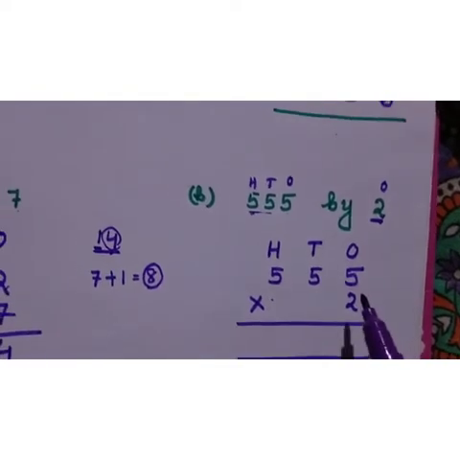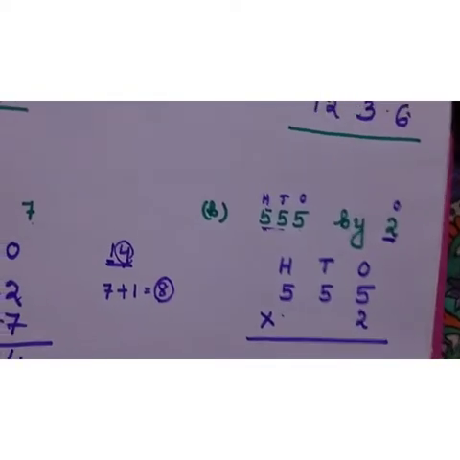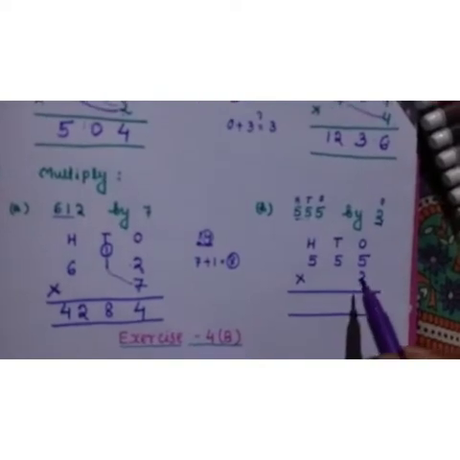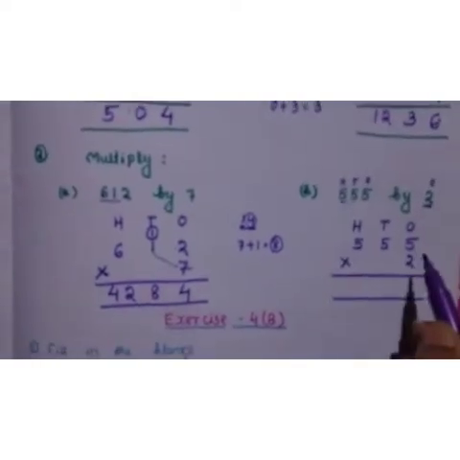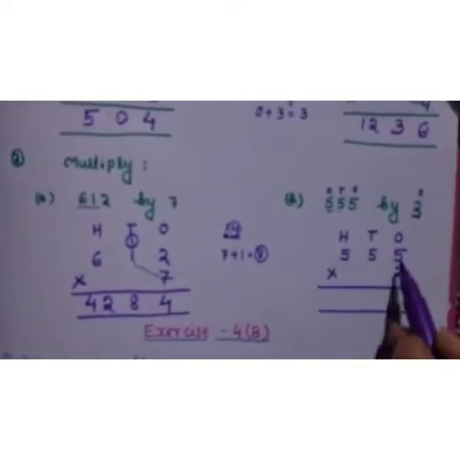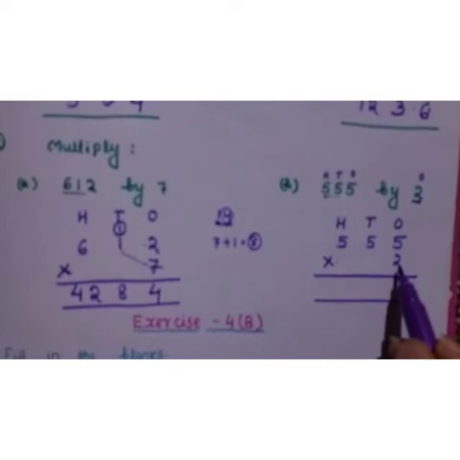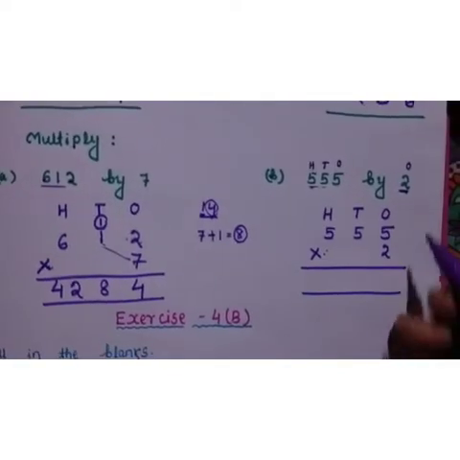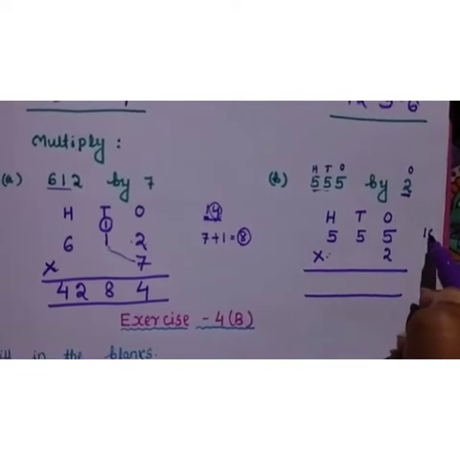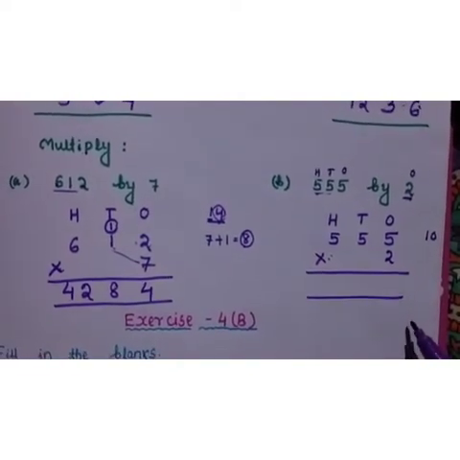Now we multiply the numbers, and you know we always start multiplying from the ones column, right? The digits are 5 multiplied by 2. You know the table. 5 2s are how much, students? 10.